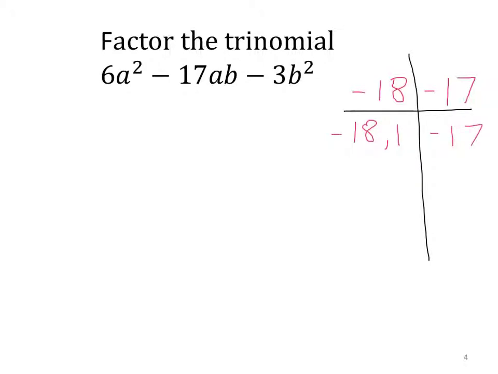Okay, so for grouping, when you rewrite this, you bring down the first term, and then you write the second term using your new factors, and then you bring down the last term. Okay, so notice that these two factors here, which we got from our work over here, add to equal this.